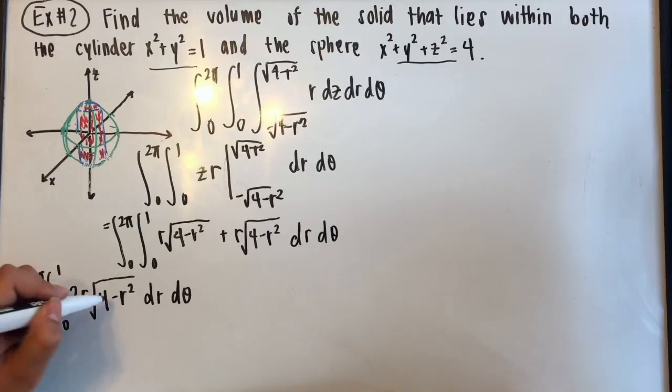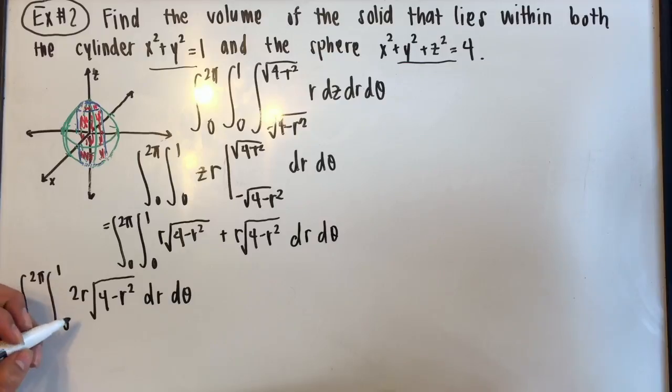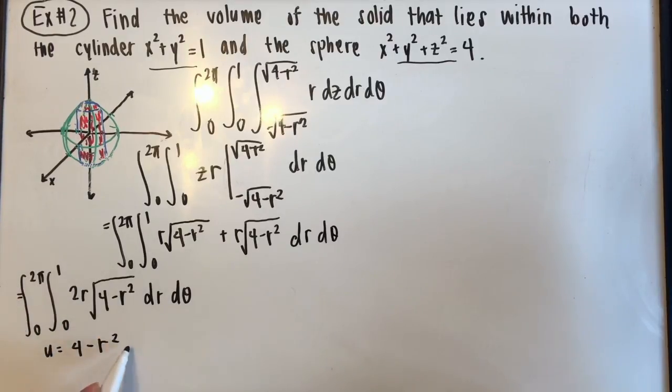Alright, so if we let u equals 4 minus r squared, we get that du equals negative 2r dr. So let's hope we have enough space.